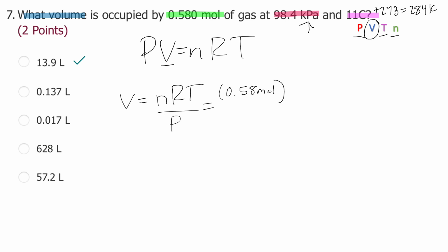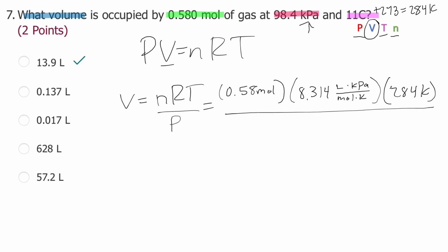So since we have kPa as our pressure, we will be using 8.314 liters times kPa over moles times Kelvin. Our temperature we found to be 284 Kelvin, and our pressure is 98.4 kPa.